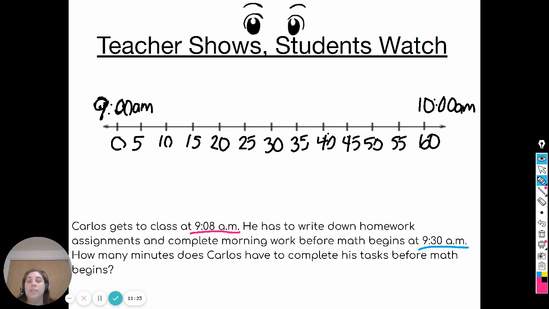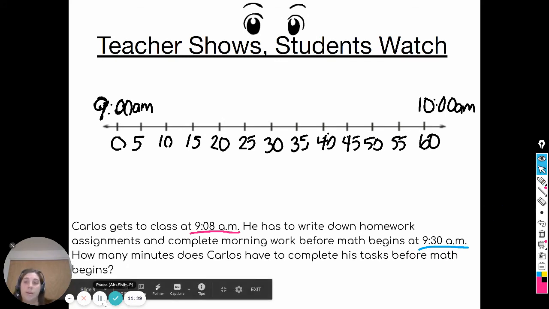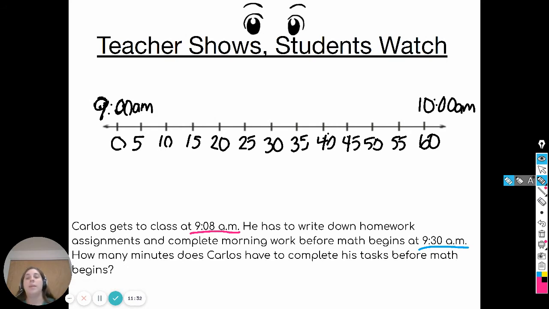First, let's find 9:08 a.m. So I'm going to count by 5s and then by 1s to get there. Okay. So I'm at 0, 5, and if I go to 10, I've gone too far. So I know that the 8's somewhere between that 5 and that 10.